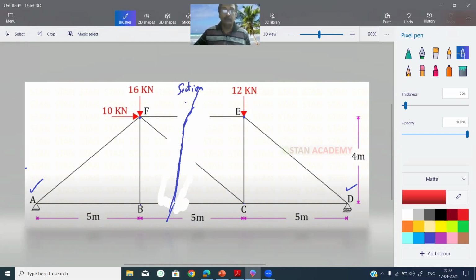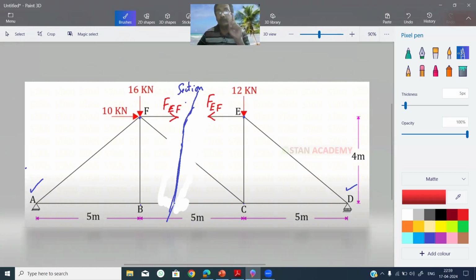Now you identify FE. It is cut by the section. Whenever this is cut, there is a force FE. Suppose I call it F1. Let us take F1, F2, F3. Or otherwise F of EF. This is our notation. Part of the force is transferred to the left section, part to the right-hand truss.